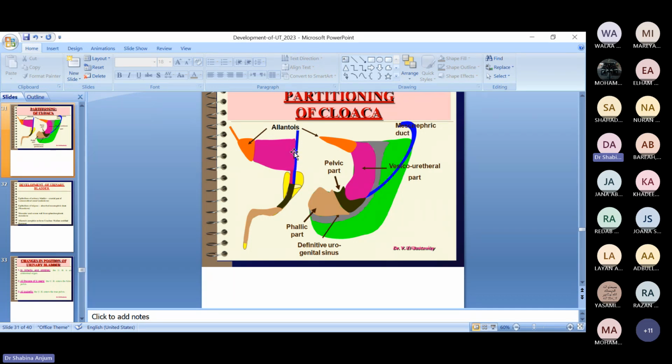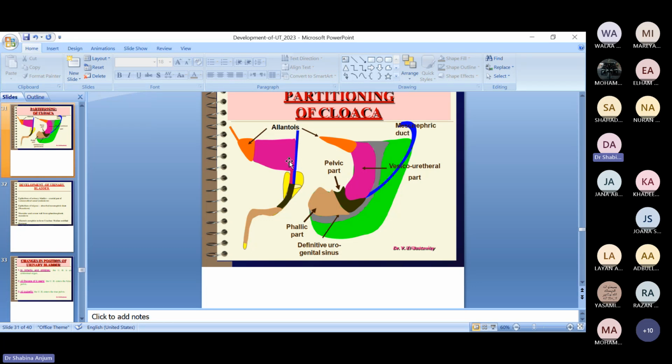Do you know what is the trigone of the urinary bladder? Yes or no? Okay. So if you are asked to mention the development of the urinary bladder, you have to mention two things: about the trigone and about the remaining structure.